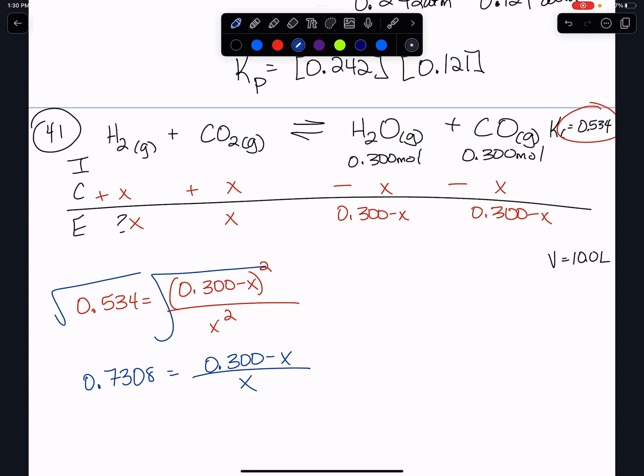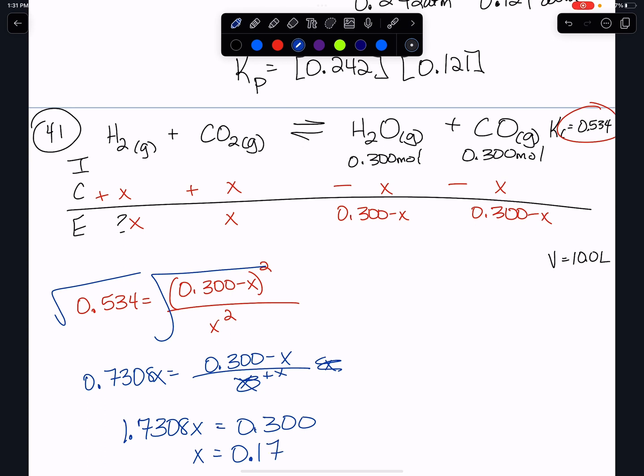Cross multiply, so that means multiply both sides by X. And then I'm going to add this X to both sides, so I get, and I'm showing more of this than is necessary, for the math, I'm just showing some steps. So X is equal to 0.173.